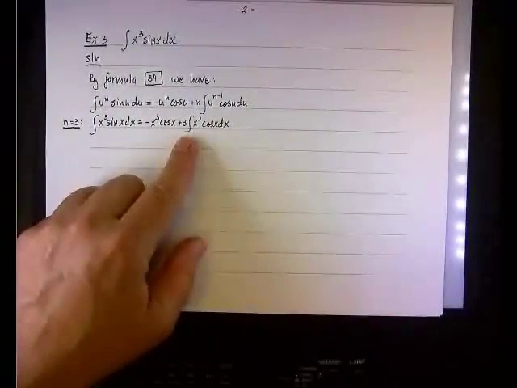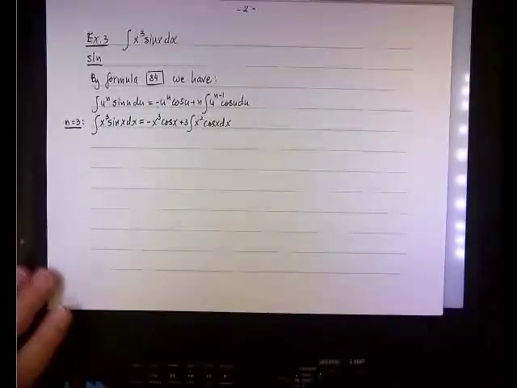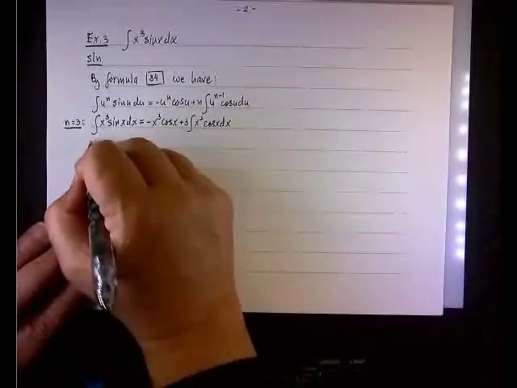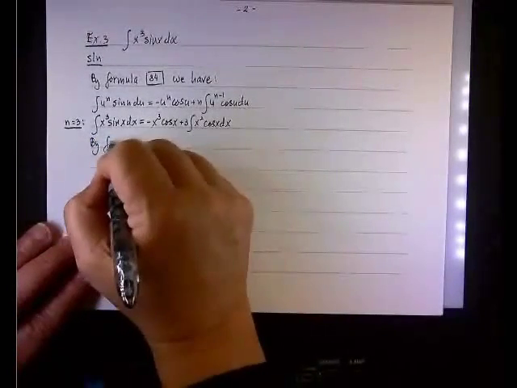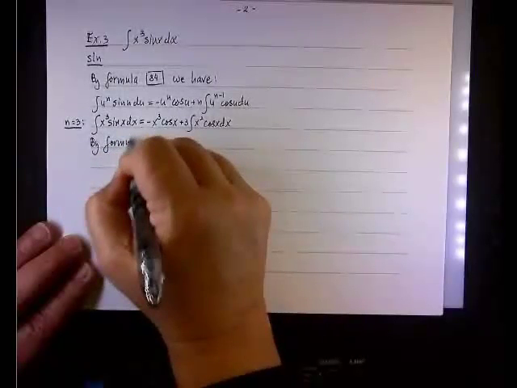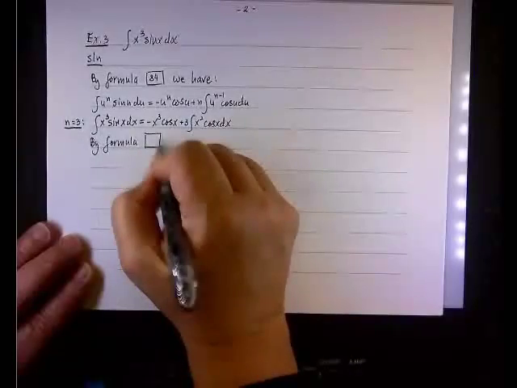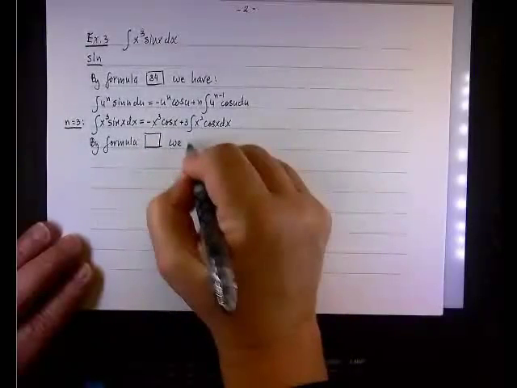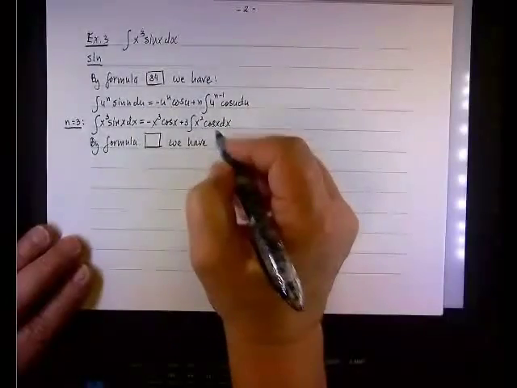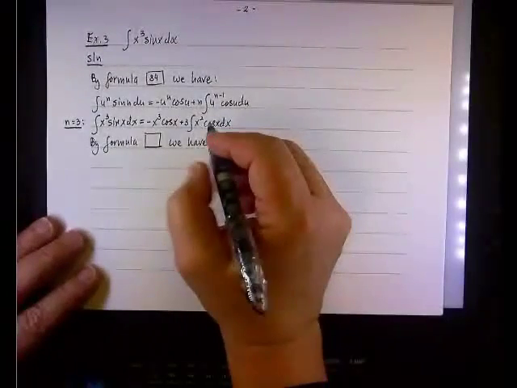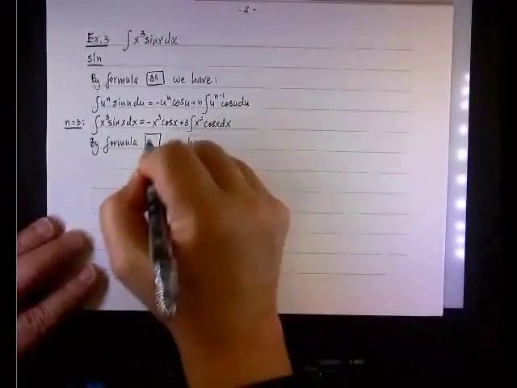And now we have to deal with this integral. Okay? So, by what formula are we going to solve the next integral? And I heard somebody, but do you mind repeating it?